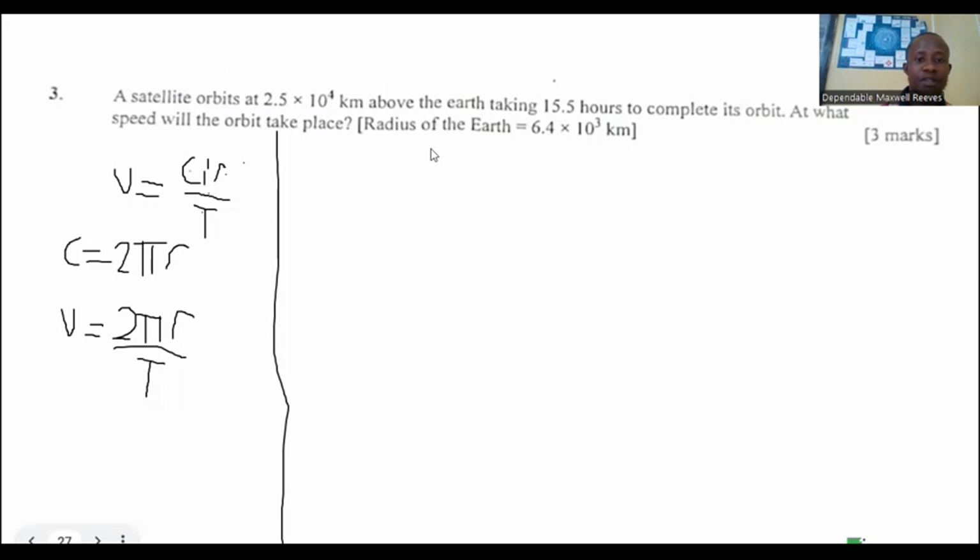So we can say that r is equal to the sum of the Earth's radius plus the height or altitude of the satellite, h.